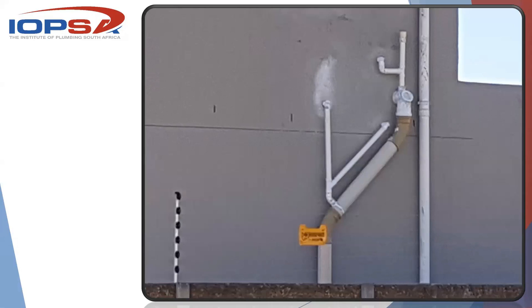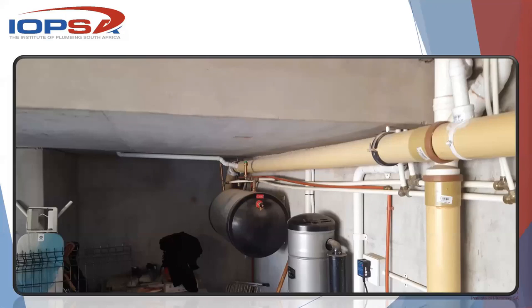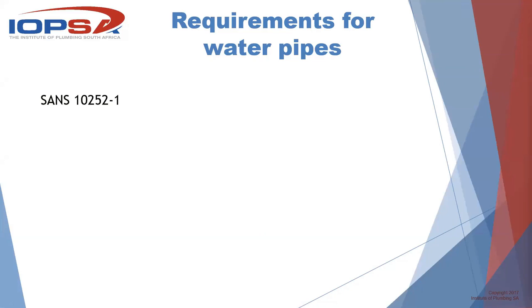There are nil brackets, so that pipe is free to wander and roam and change shape and move. Again, incorrect material, shouldn't be used for above ground drainage, but anyway, there it is. No brackets, not enough brackets. That pipe over there is definitely going to sag over time. They've got pretty bad connections there as well.